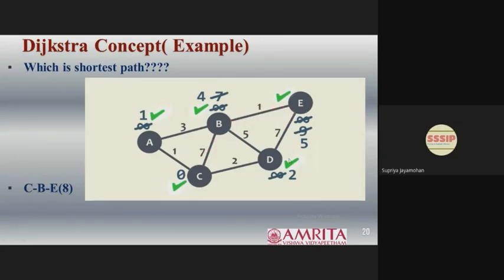Any other possibilities, participants? We can have another possibility, C to D to E, that is going to be 9. Any other possibility? Two possibilities we have completed. Any other possibility, or only these two possible values?